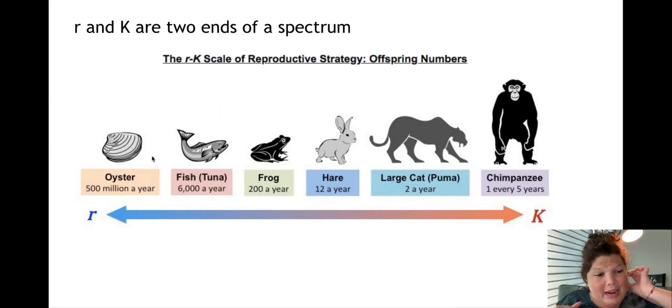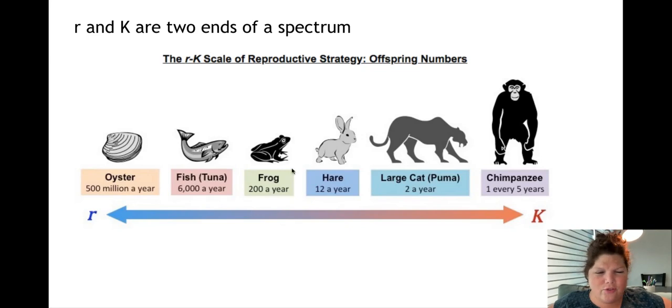Now, we have to keep track of the fact, though, that these are at two ends of a spectrum. It's not binary. It's not one or the other. So, for example, here's our oysters. They reproduce at 500 million offspring a year. Holy cow. Then we have our chimpanzees, which reproduce generally every 5 years. But we have some in between.